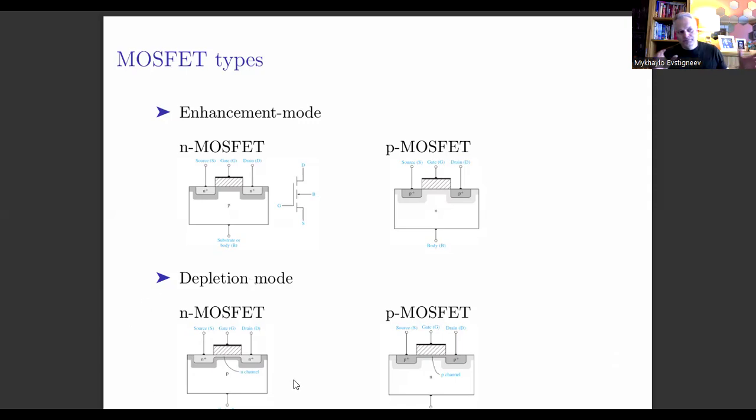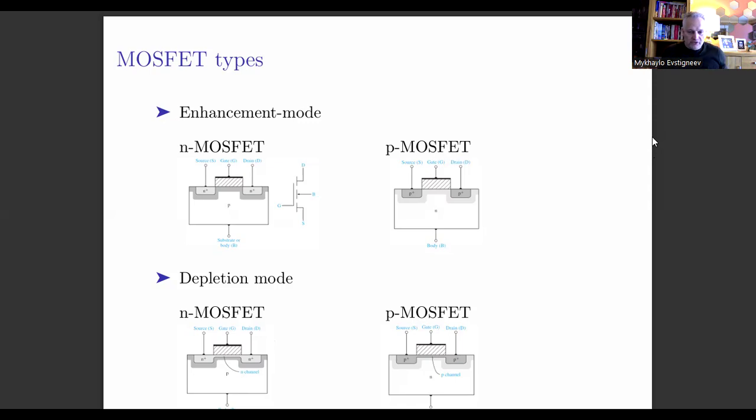This means that your body is of P type, and you have the heavily doped N plus region for the source, heavily doped N plus region for the drain, and also the semiconductor is N doped at the surface. Between the source and the drain, you have this thin layer of N doped semiconductor. So the source and the drain are already connected by this N doped channel, N channel.